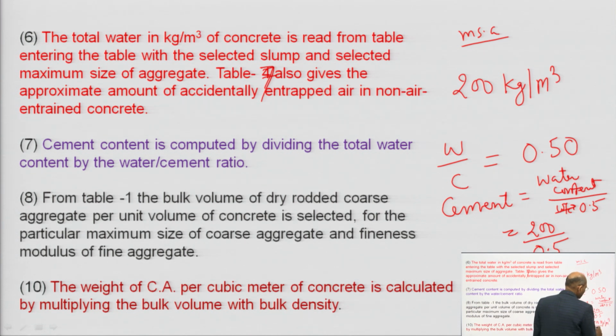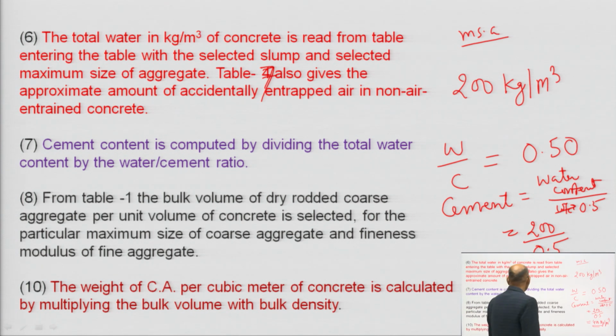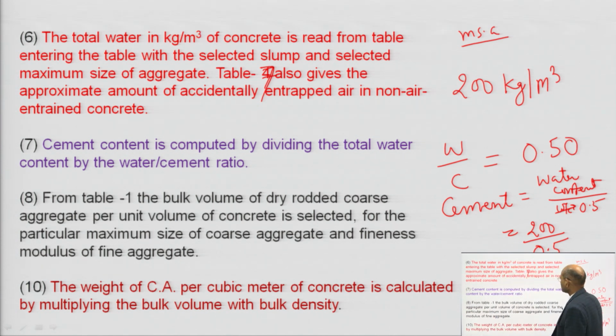So, this also you are supposed to calculate. After that, the bulk volume of dry rodded coarse aggregate per unit volume of concrete is selected for the particular maximum size of coarse aggregate and fineness modulus of fine aggregate.